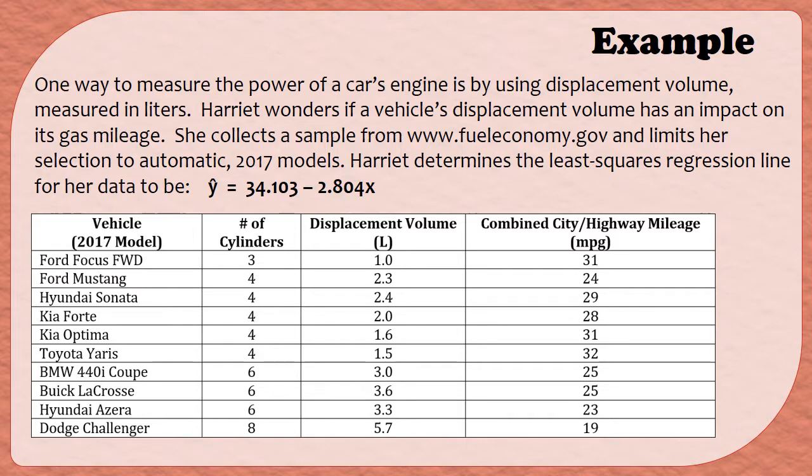The x value represents the displacement volume, measured in liters, and the y value represents the combined city and highway gas mileage, measured in miles per gallon. Let's use this information to discuss the slope and y-intercept of Harriet's line.